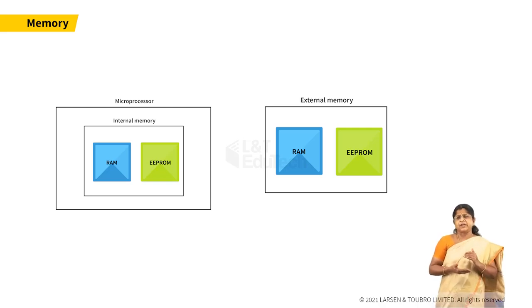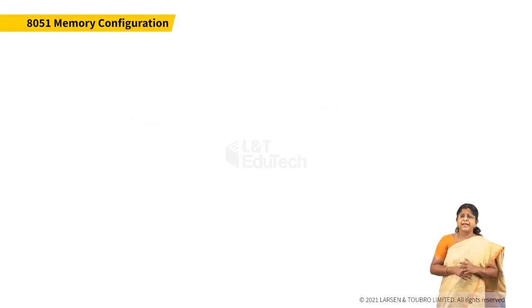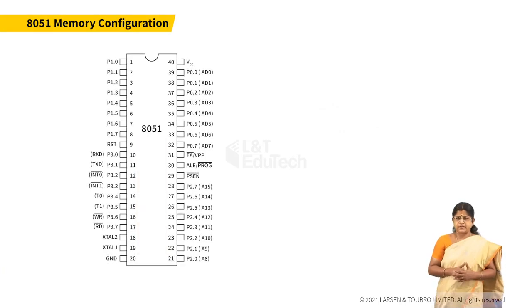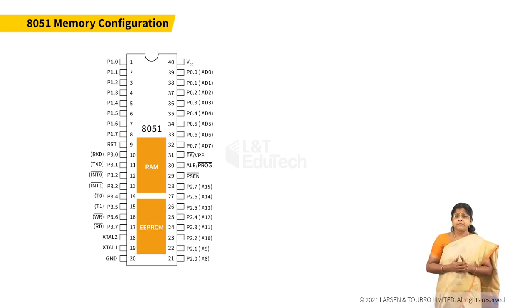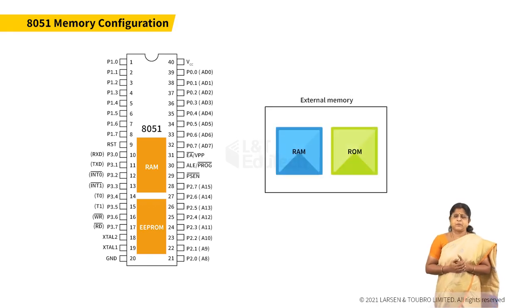Like this, we have different versions. Thus, we have choices of 8051 memory configuration: with on-chip RAM alone; second type, with RAM and EPROM; third type, with RAM and EEPROM and external memory support.